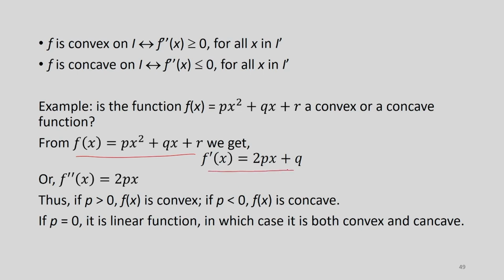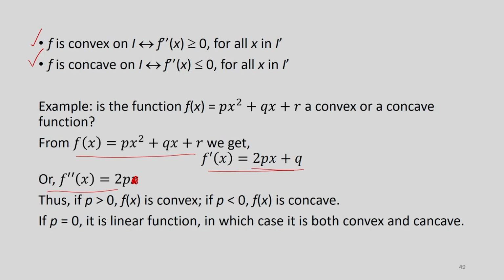If we take the first derivative, it becomes 2px plus q, by the power rule, and we need to find out the second derivative, because this is the property that we are going to use. We differentiate this function once again with respect to x, and it becomes, this is not x, this is simply 2p. So, second derivative is 2p.